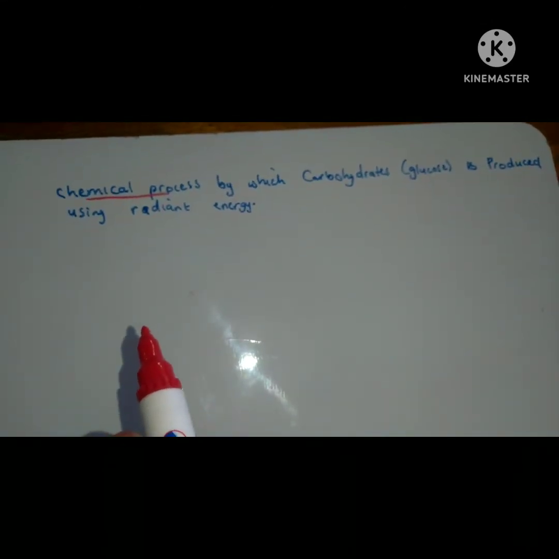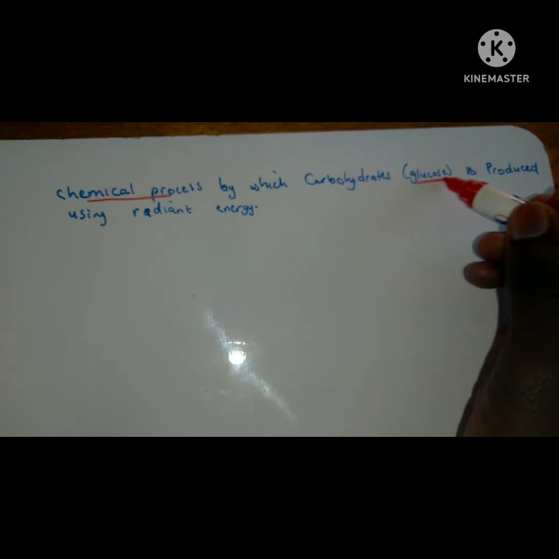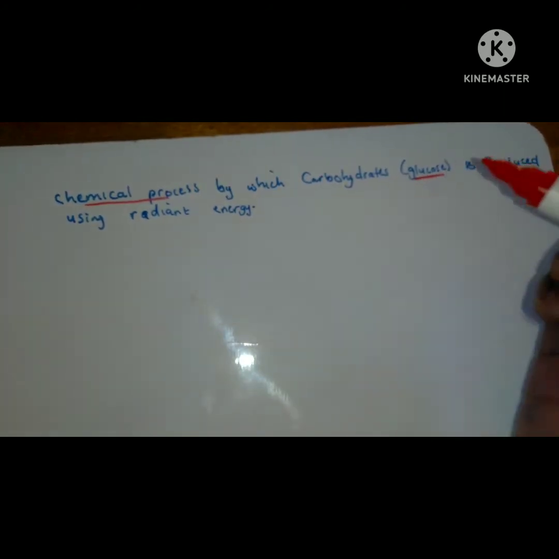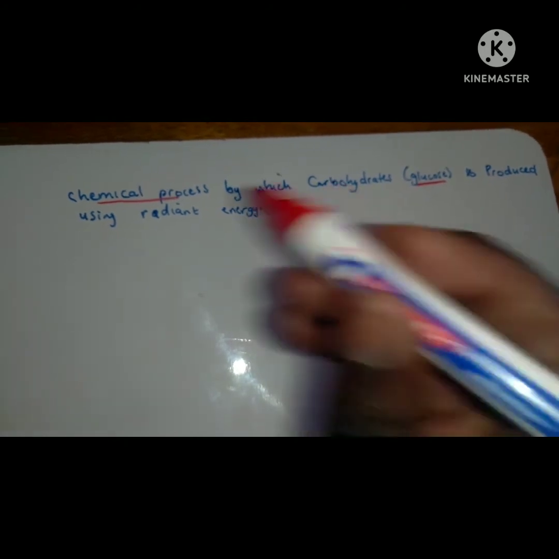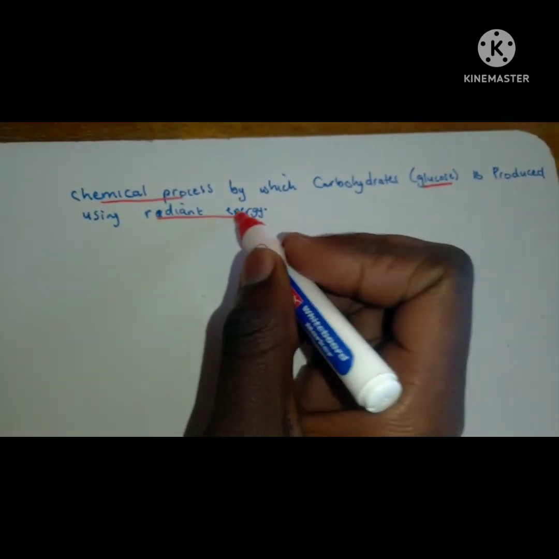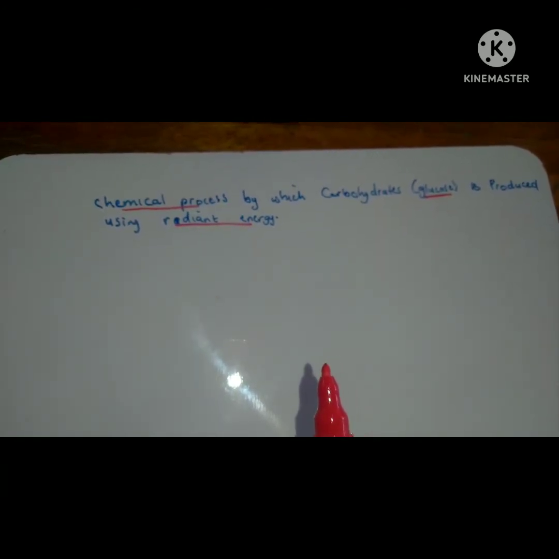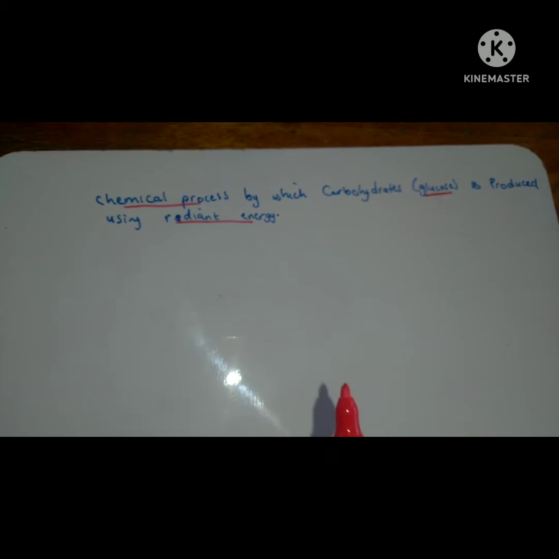By which carbohydrates in the form of glucose, and we know that glucose falls under carbohydrates, are produced using radiant energy. So what is radiant energy? Radiant energy is simply the energy we obtain from the sun. So we define photosynthesis as a chemical process by which carbohydrates, glucose, are produced using radiant energy.